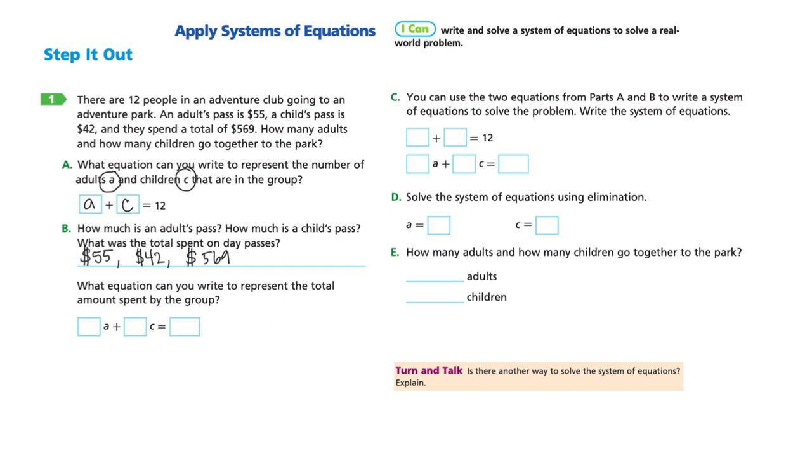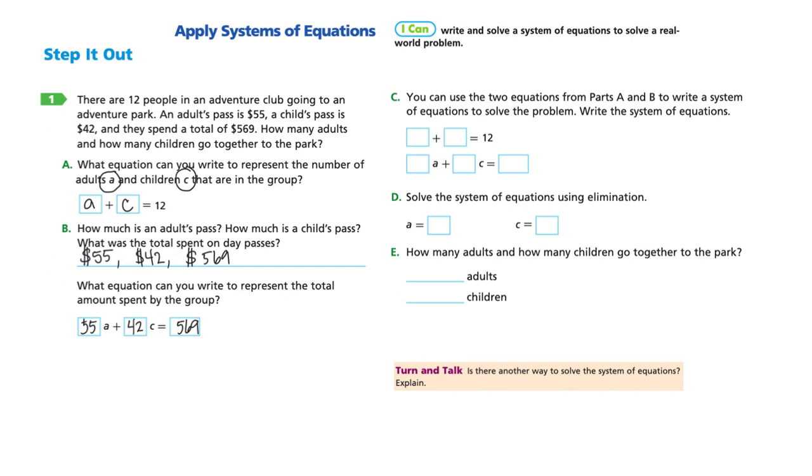So what equation can you write using the variables and the numbers that you have to represent the total amount spent by the group? So we know that A, the adult pass, is $55. So we would use that as our coefficient for A, and then 42 as the coefficient for C, and then the total we know is 569.